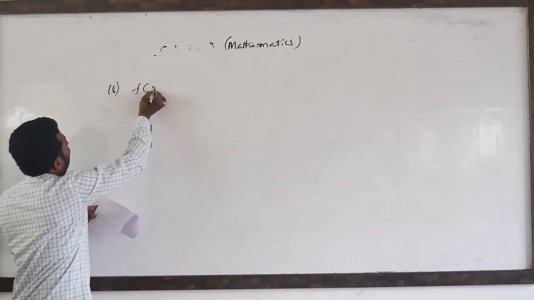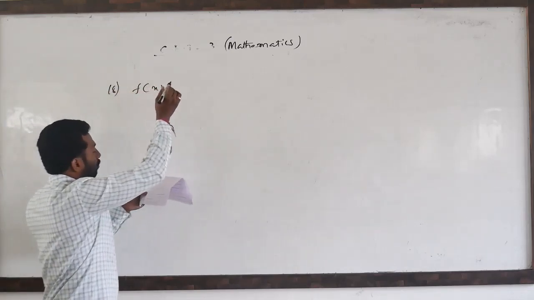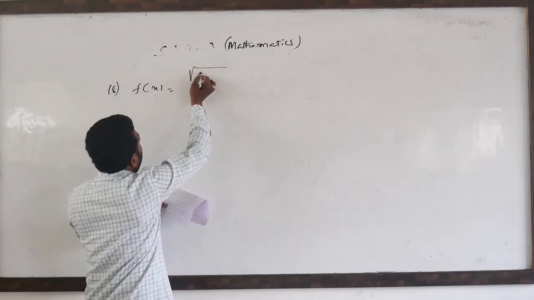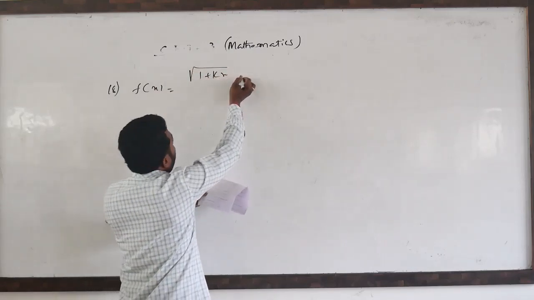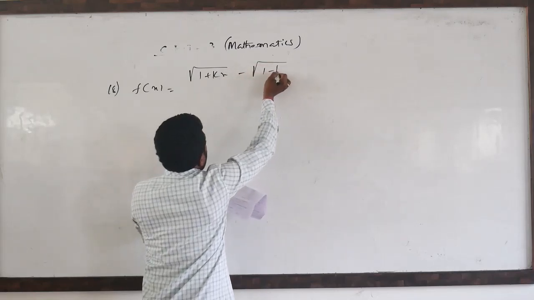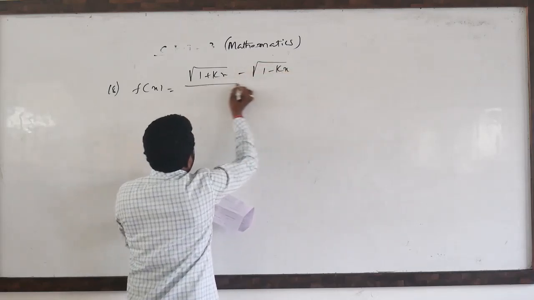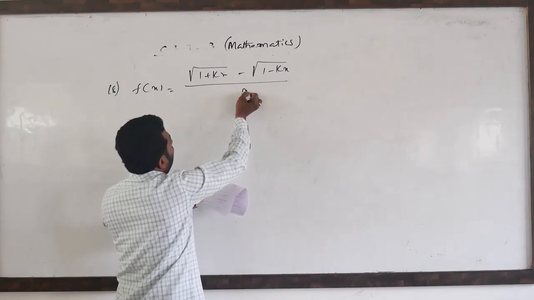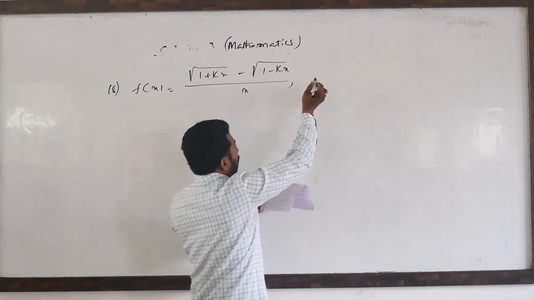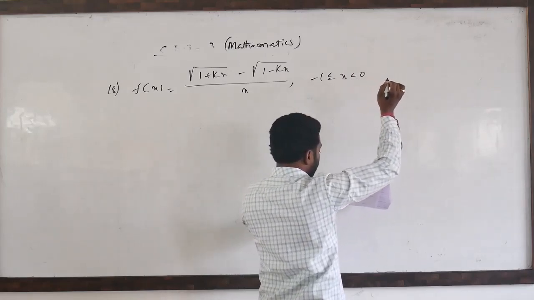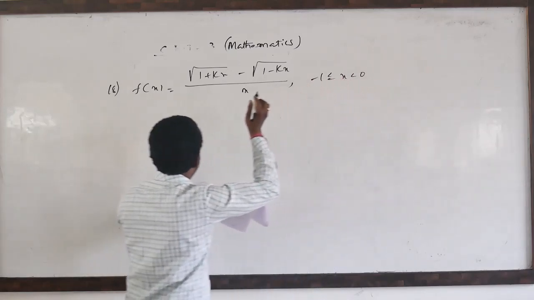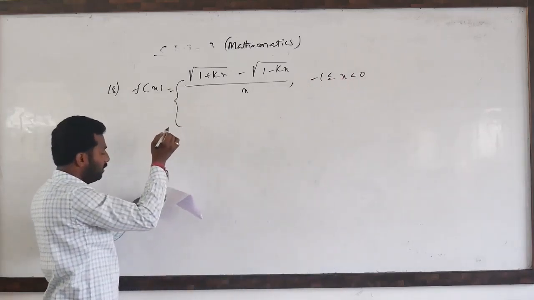See, f of x equal to square root of 1 plus kx minus root of 1 minus kx divided by x, whenever -1 less than or equal to x less than 0, and its value, two cases they define.